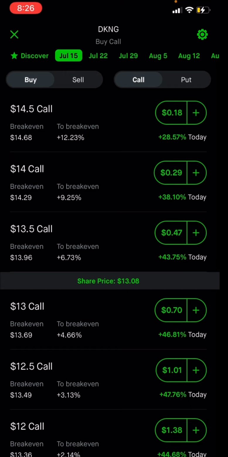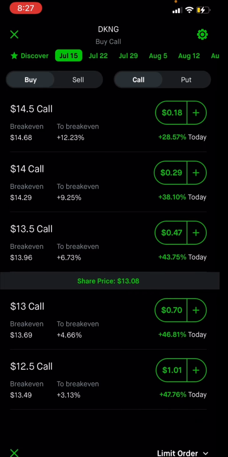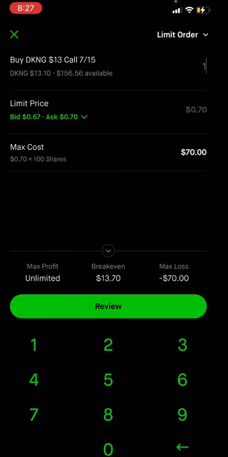So I see now that this $13 call strike price is the closest one to the overall price, right? So I want to click on that. Just with this example, I like to think of this as the signing of the contract. The first thing it asks me is, how many contracts do you want to buy, right? So in this example, we're going to put one.